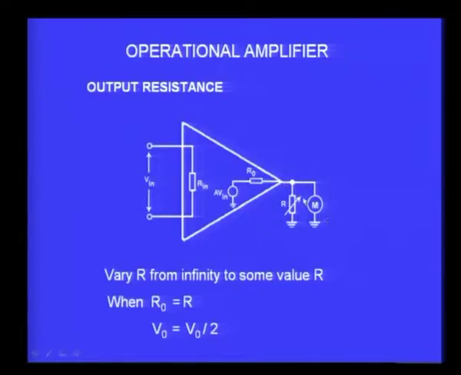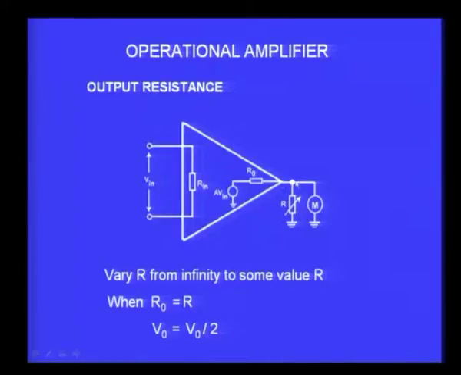Now, after measuring that V naught, I introduce this resistance and I start varying this till I get V naught exactly half of the previous value, without altering any of the other input voltage or resistance, etc. So, when that happens, you can see from the equivalent circuit, the voltage source is now connected in series to two resistors, R O and R, which is connected outside. If this R is not present, I get V O, which is the actual value of the A V in, the total voltage of the voltage source.